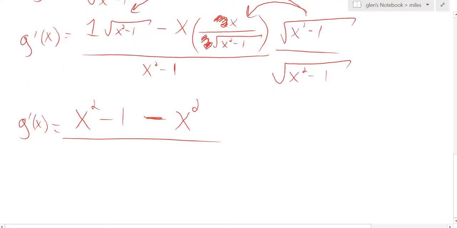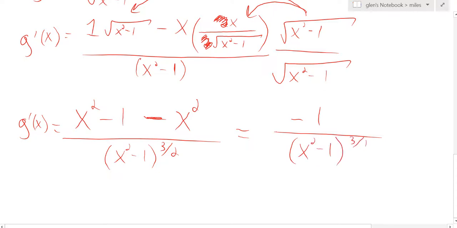All over, we have x squared minus 1 to the first power, really, and we're multiplying that by x squared minus 1 to the 1/2 power. That's going to give me x squared minus 1 to the 3/2 power. Okay? And that's going to reduce all the way down to negative 1 over x squared minus 1 to the 3/2.